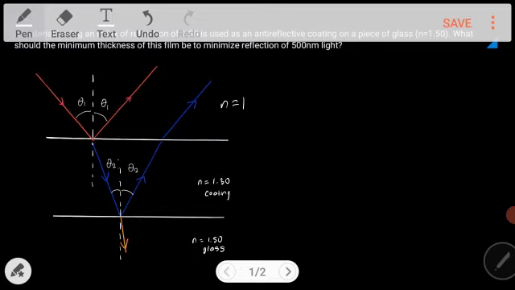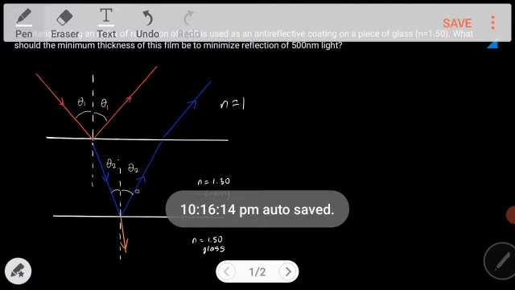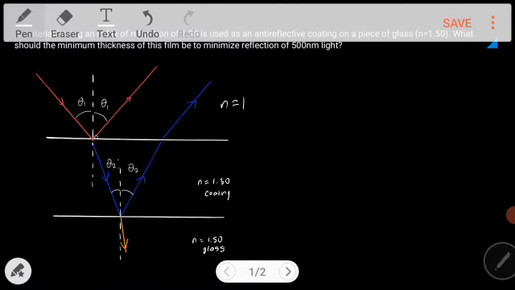So here, notice that at this point, the light gets refracted. Notice also that at both of these points, the light gets reflected and undergoes a 180 degree phase change, since n here is greater than this and n here is greater than this.